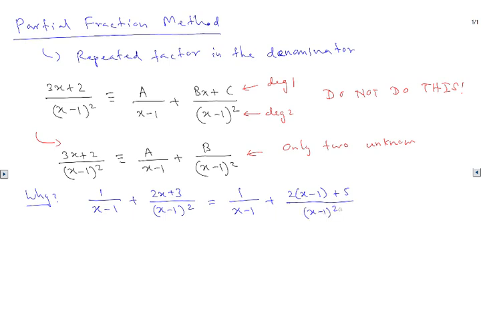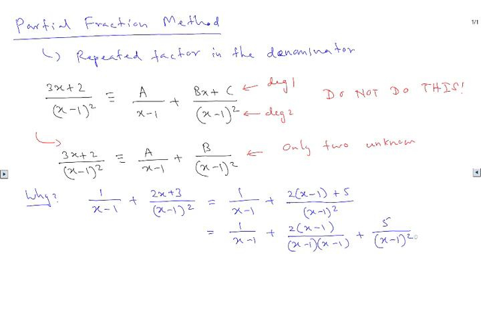Now we can split the second term into two parts: 2(x - 1) over (x - 1) squared, plus 5 over (x - 1) squared.